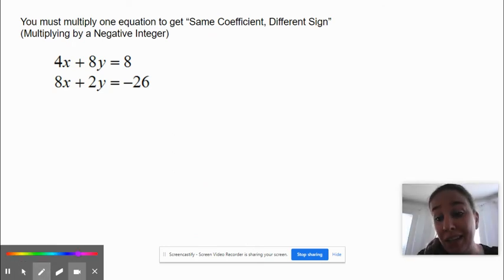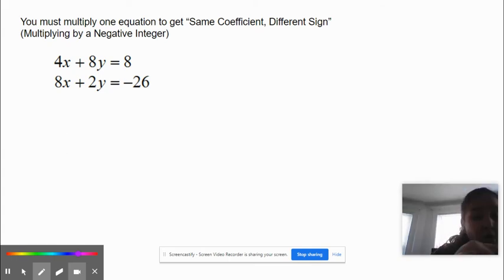All right, so a problem like this. If you look at your x's, you look at the lower number, the 4, you can multiply it by 2 to get 8. Or if you're looking at your y's, that 2 you can multiply by 4 to get 8. So you have options here. I'm going to multiply the top one by negative 2 because I'm going to try to keep my numbers small, right?